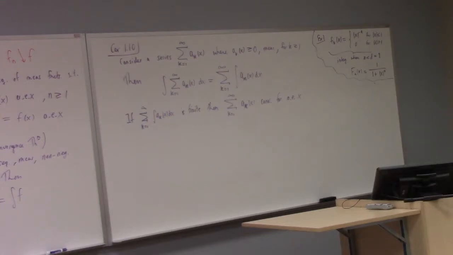So he says, let f be Lebesgue integrable. He says f plus of x, you can just let be the max of f of x and 0. And f minus of x would be the max of minus f of x and 0, right?